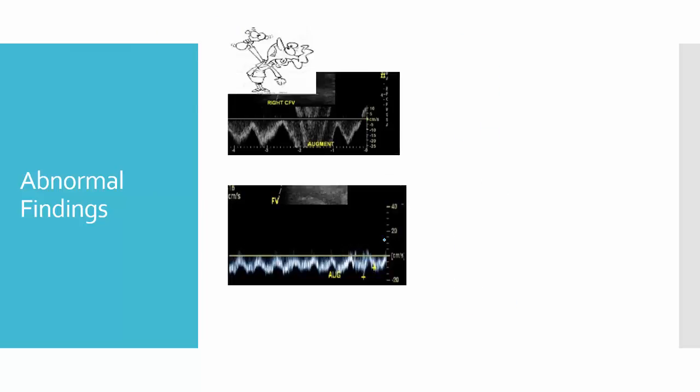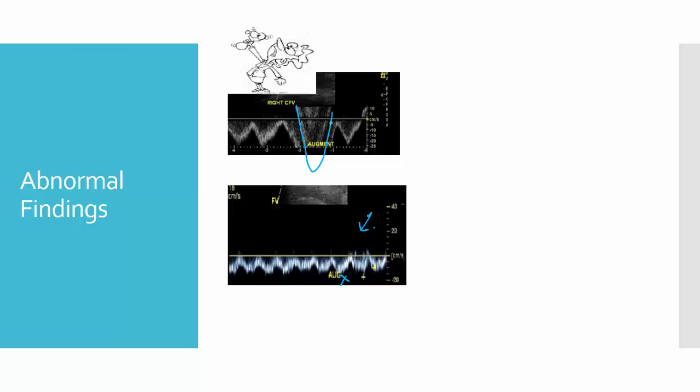Here we also have a lack of an augmentation response. So this is augmentation in this lower spectral tracing, and this is a normal response. So we get that aliasing, that wraparound of venous return. So that distal compression propels blood forward.